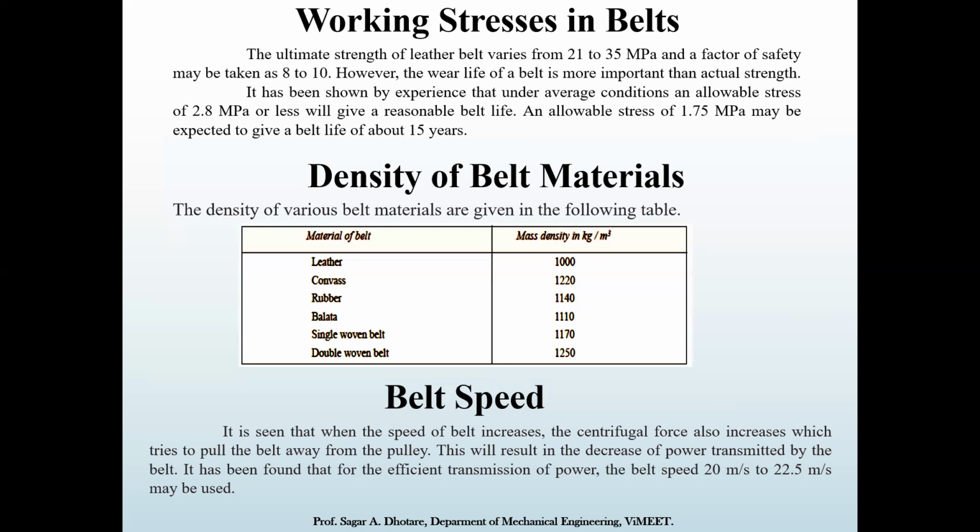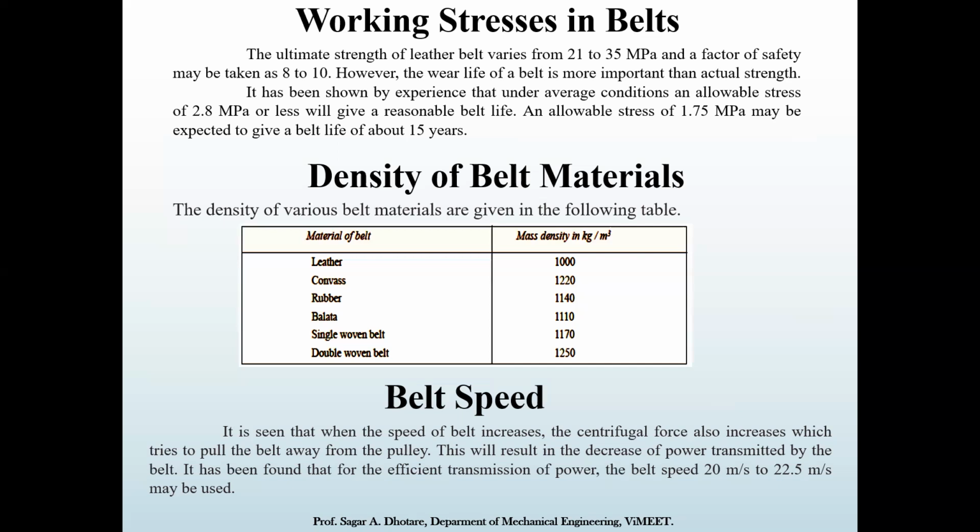Now next, belt speed. It can be seen that as the speed of the belt increases, the centrifugal force also increases, which tries to pull the belt away from the pulley. That is called run out, which results in a decrease in power transmission by the belt.